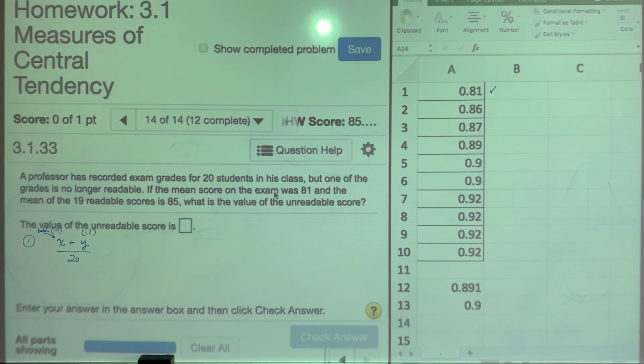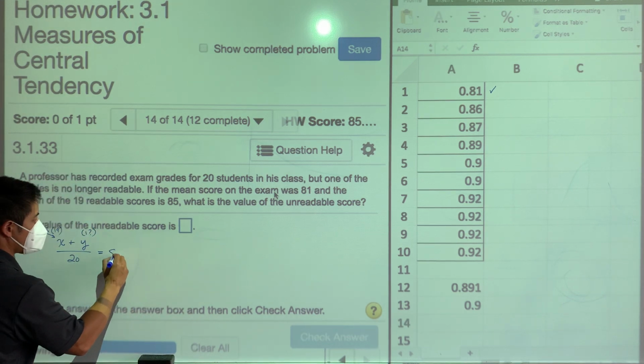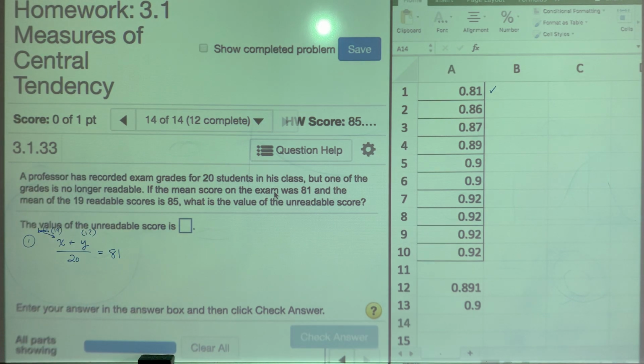Now, when I add them together, whatever their scores are, because I know how to do averages, but I'm kind of in the dark here. When I add them together and average them, then they said that the mean score on the exam was 81. You guys with me so far? So that's the general framework.